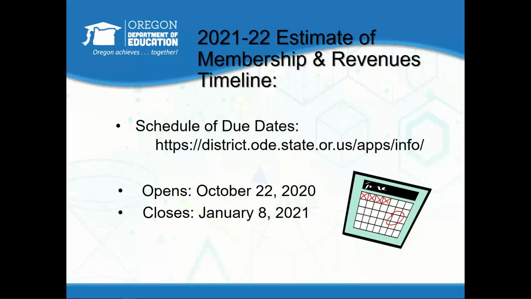Now keep in mind, when the data collection closes, that is not the final dead end date. I do allow changes throughout the school year of your data collection, but you have to keep in mind the timing of when I post estimates, or I say I'm going to post estimates, and when other things are due, such as your monthly state school fund payment.